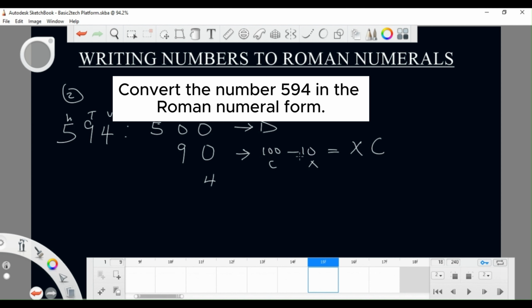When we are subtracting, the small symbol comes before the large symbol. So XC is 90.